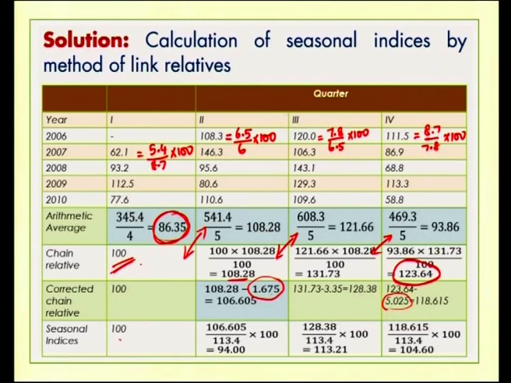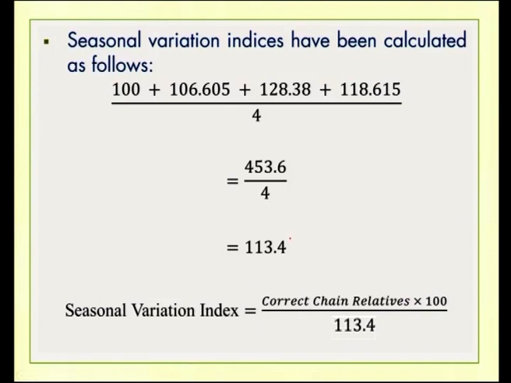Then the seasonal index is 100. So, for the second quarter, 106.605 divided by 113.4. How has the 113.4 come? The seasonal variation has been calculated like this. Take the total divided by 4, and this is the average of seasonal indexes. The average of the seasonal index is 113.4.